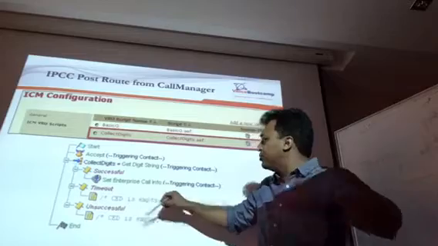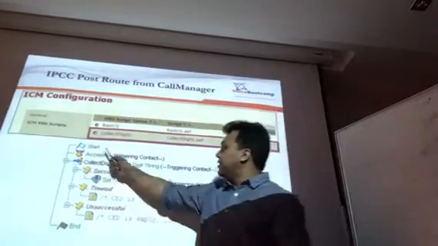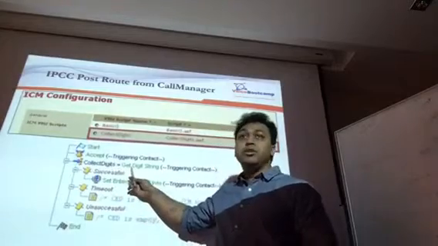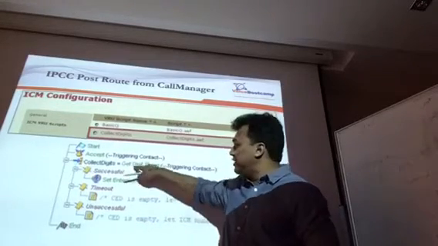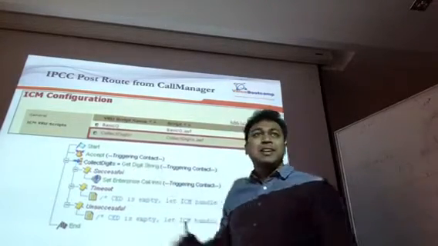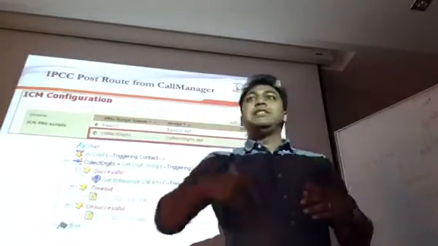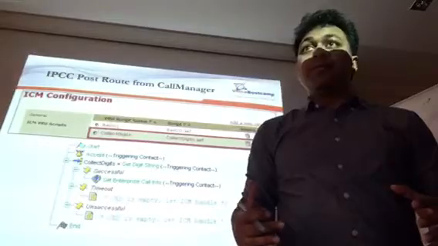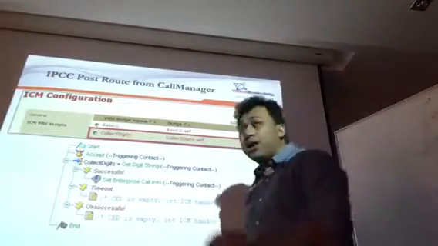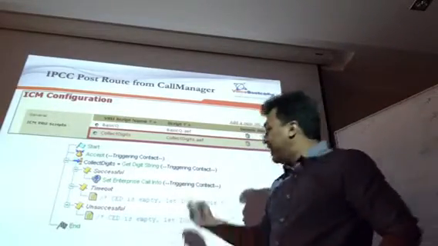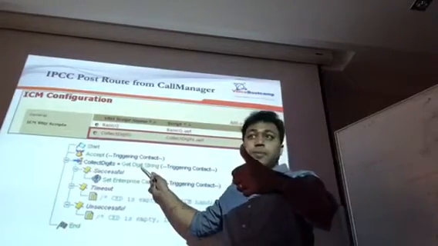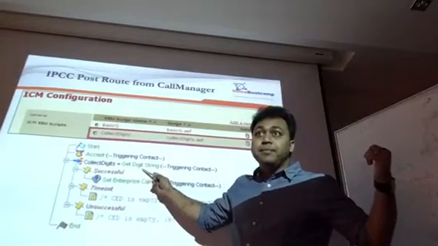Okay, I won't go into too much of UCCX script, but it says start the script, accept the call, collect digit from the user. So this statement that you see right here is going to ask the user, please enter 1 for sales, or 2 for support. Now, whatever the user entered, that information will be passed back to who? ICM. Back to ICM.